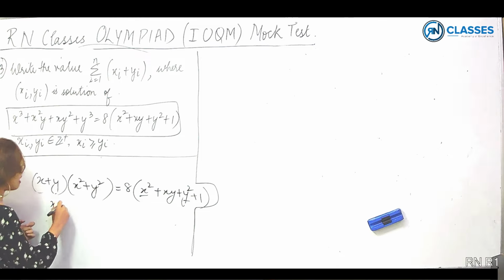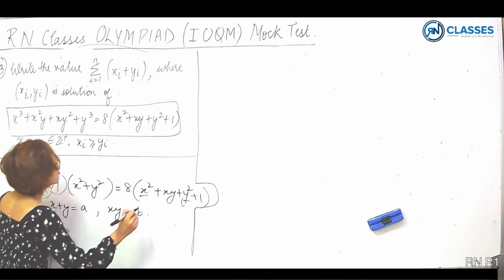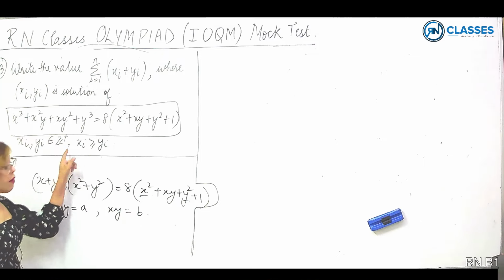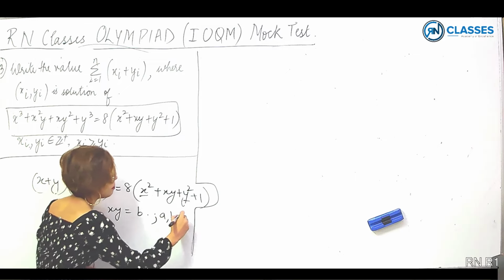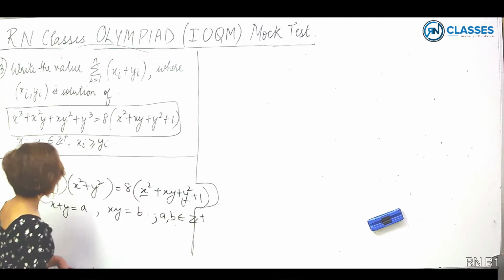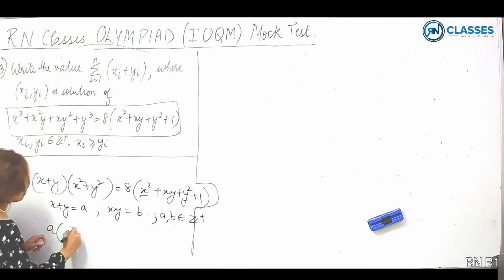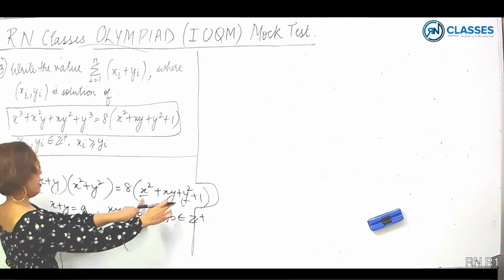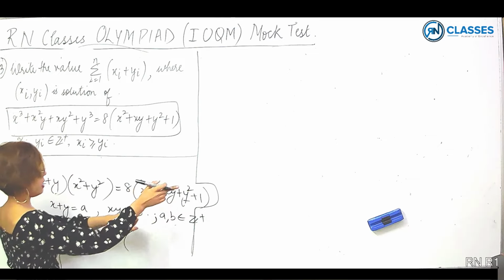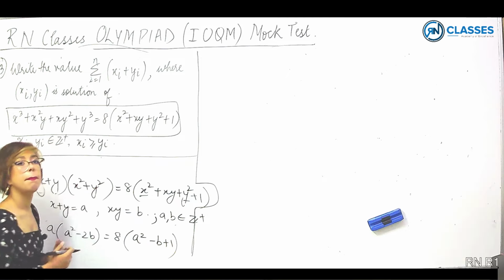So, let me substitute x plus y as a and xy as b. Now, mind it, x and y are positive integers. Obviously, a will be a positive integer and b will be a positive integer. So, my equation in short becomes a into a square minus 2b is equal to 8 into, this is plus xy, so a square minus b plus 1.